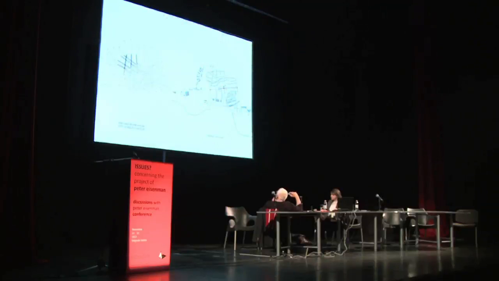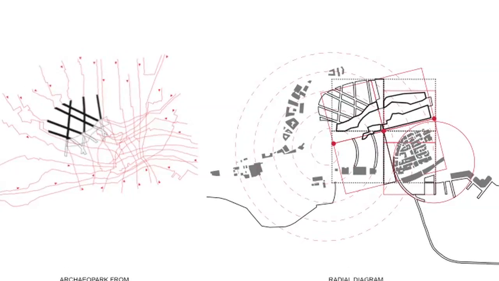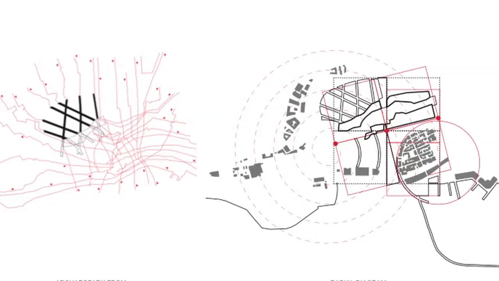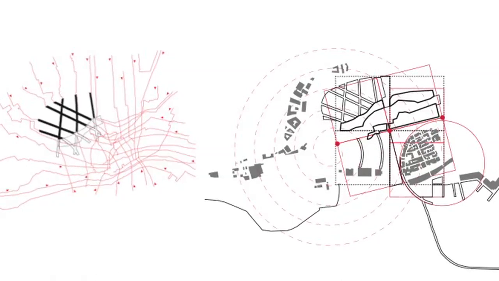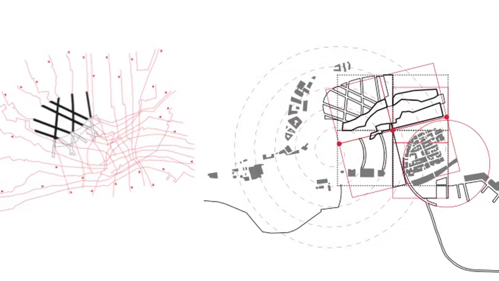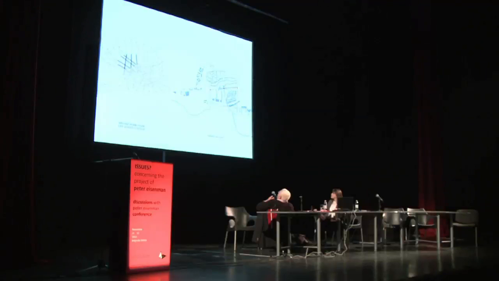Next, please. And then you can see this is a traditional way of dealing with the context over here. What we did was take the traditional axes that exist in the site. This is the traditional axes. And through the imposition of the arced circles radiating out from the central point here, we made a grid which was not merely the traditional contextual grid, but contacted this arbitrary radial grid.